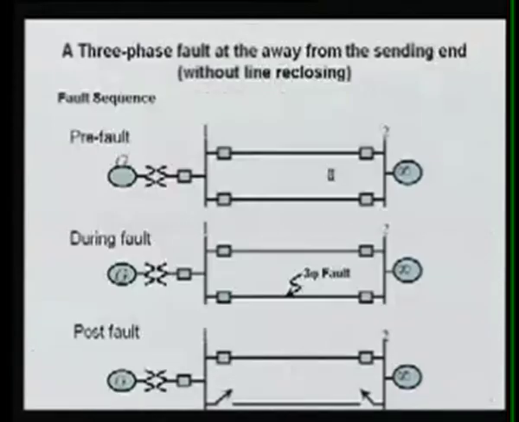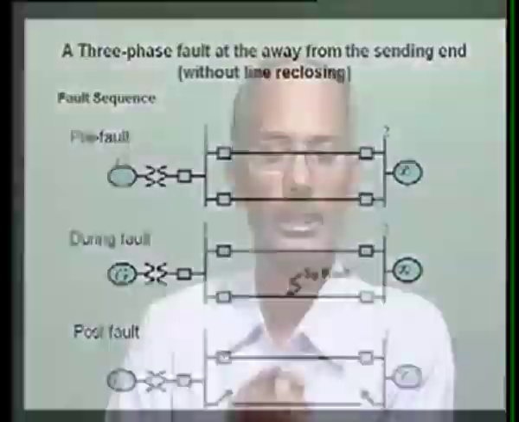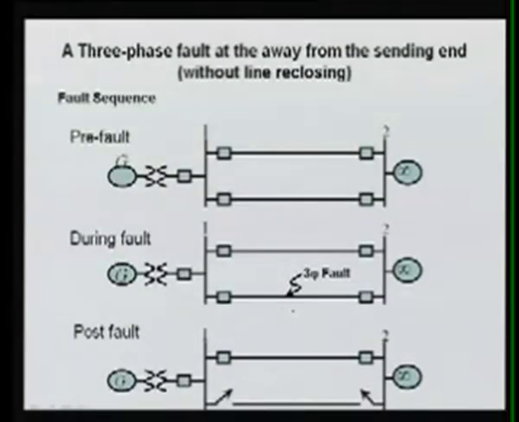Let us now consider the three-phase fault in different scenarios. So far we have discussed the three-phase fault occurring at bus 1, but now let us consider a fault occurring in the line, followed by tripping of the line. During the pre-fault, your system is as in the previous slides: generator, generating transformer, 2 lines connected to the infinite bus system.